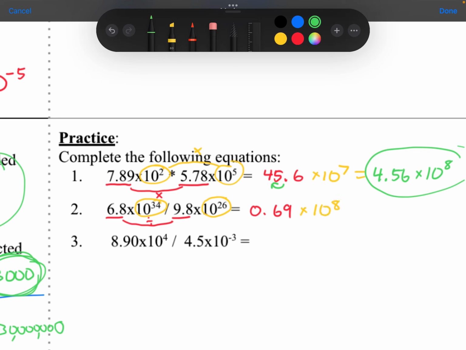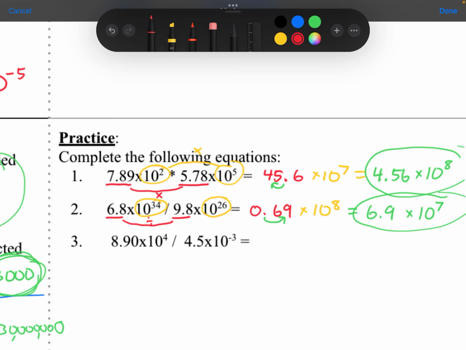Again, improper scientific notation, so we're going to need to scooch that decimal place over 1. And that is going to turn it into 6.9. 0.69 got bigger by 1 decimal place scooch, so our exponent is going to have to shrink by 1 number to compensate, and that is going to be our final answer.